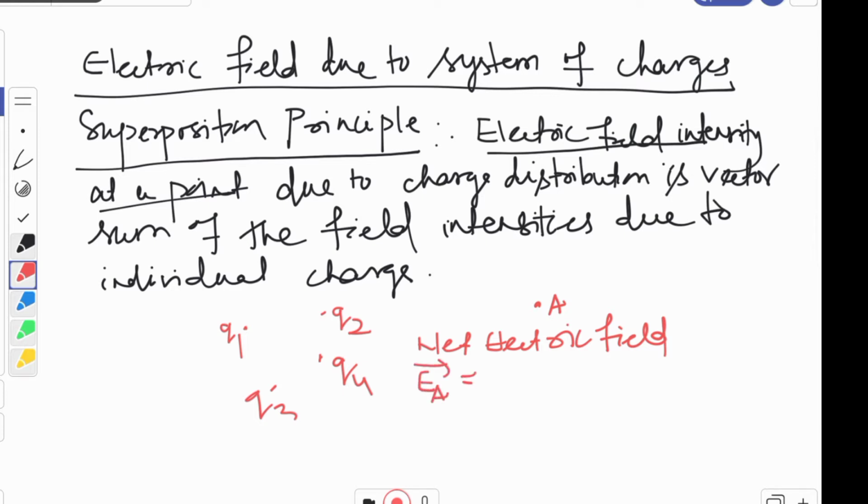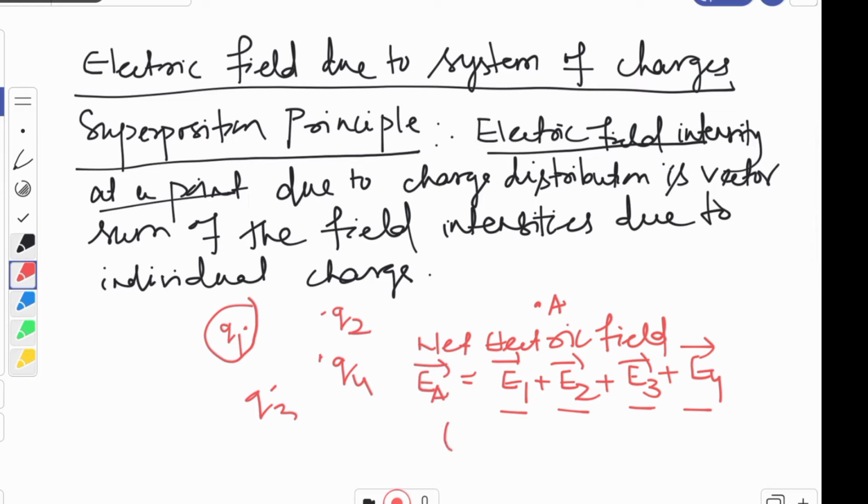How to find out? It is the field intensity due to charge 1, then field intensity due to charge 2, then due to charge 3, then field intensity due to charge 4. Add all the field intensities, and this is your vector sum.